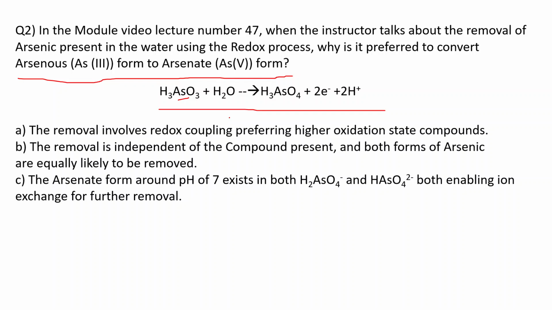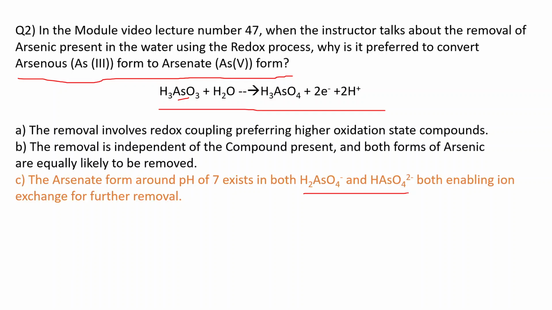Third option is: the arsenate form, that is the As5+ form, around pH 7 exists in forms enabling ion exchange for further removal. So it is converted to these forms so that ion exchange can remove it further. So these are the options.